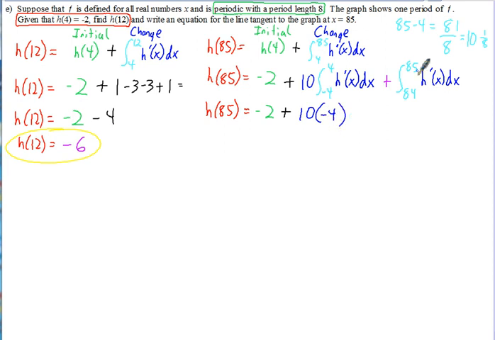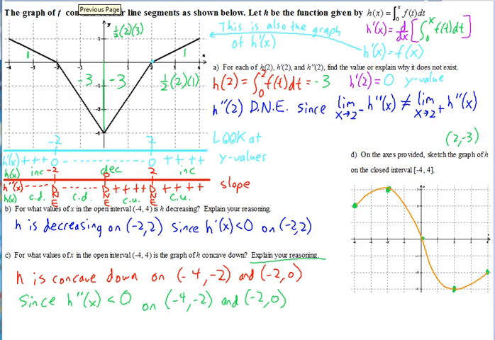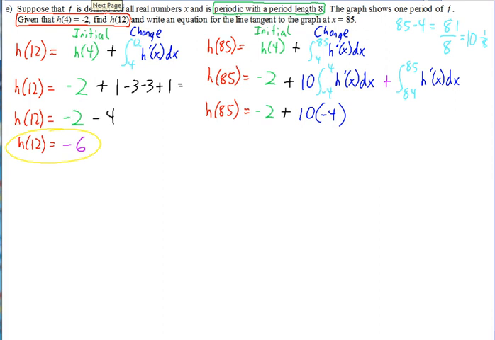But from 84 to 85, because it's periodic, we go back to the graph here, that's going to look identical to what it is from negative 4 to negative 3. Because we have that one remainder. So it goes through 10 periods and then one more. So from there to right there. So it's the same as it is from negative 4 to negative 3. Well, just like that. It's periodic.